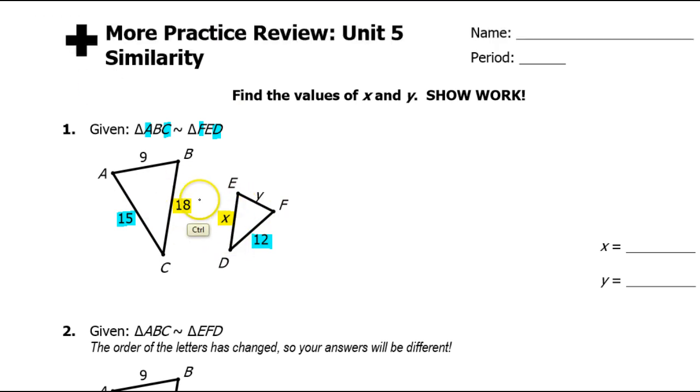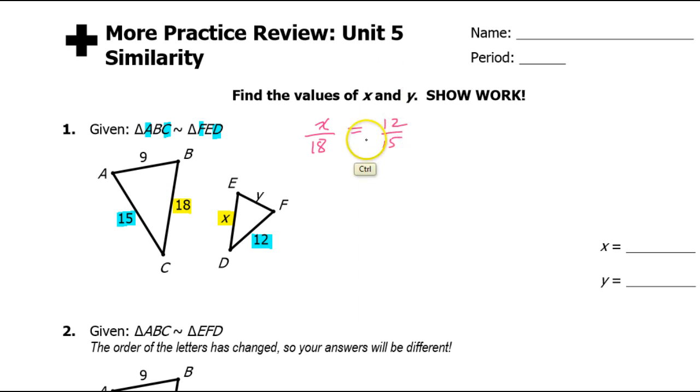I'm going to make a fraction out of the yellows, and another fraction out of the blues. So for example, I might do x over 18. Okay, so I'm using the right triangle over the left triangle. And then I'll have to do 12 over 15. Got to do it the same way.